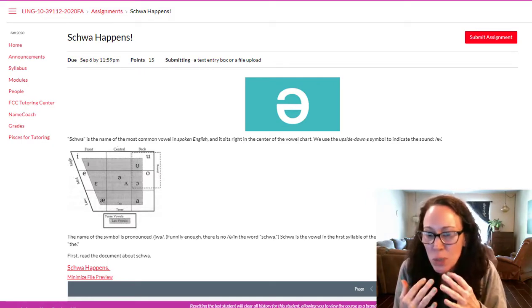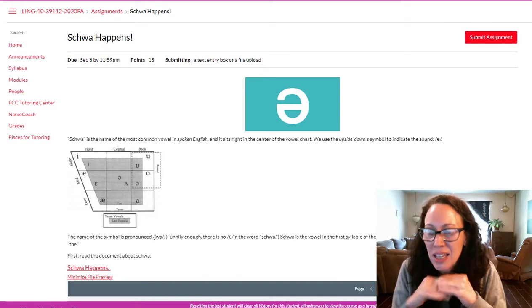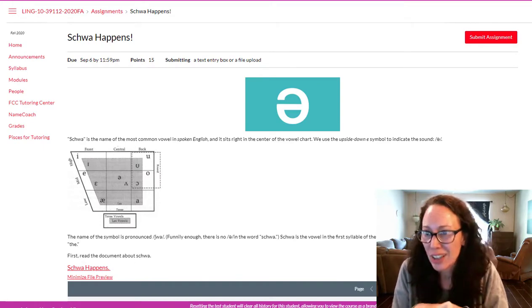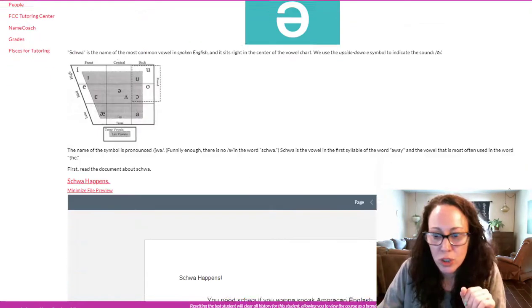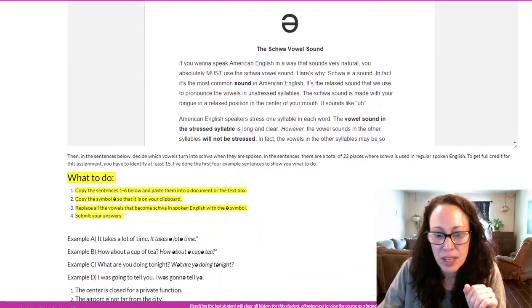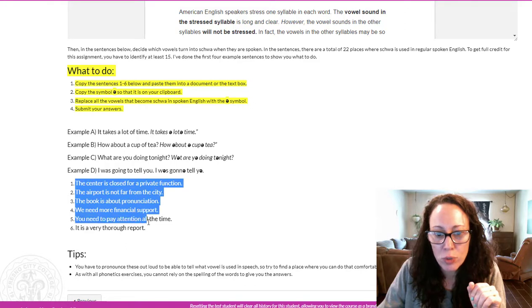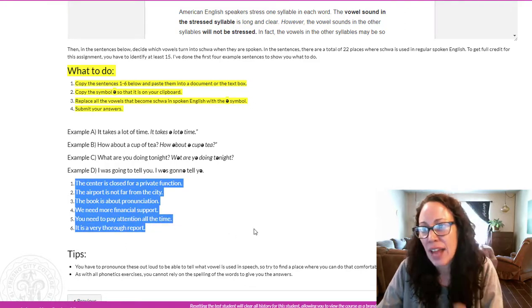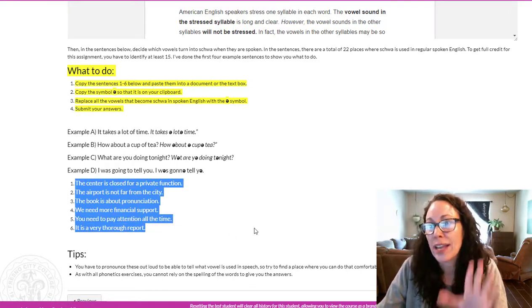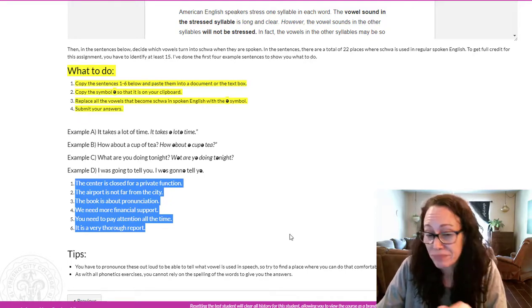Your tongue is not really doing anything. It's just the relaxed version of saying a vowel. So you're going to want to read about this, and then what you're doing is going through these sentences and finding the places where in real speech we use schwa.